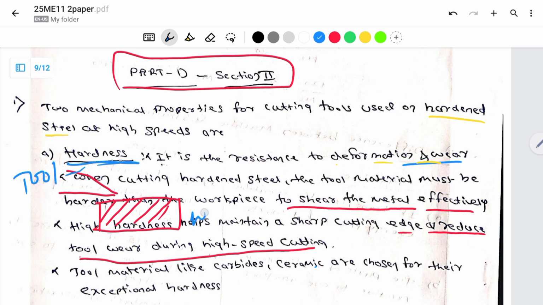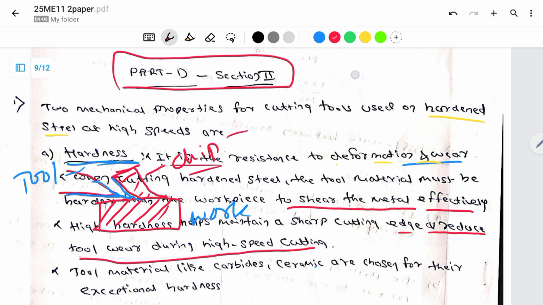The material is removed from the surface, so there should be a sharp edge, and when it gets inserted into the metal workpiece, because of the shearing action, the metal forms a chip. This chip formation takes place because of the shearing action.